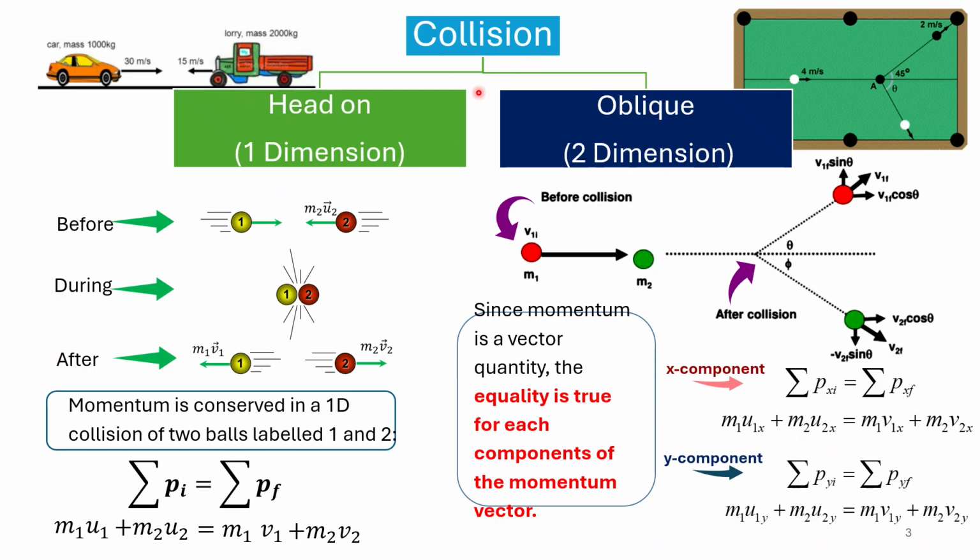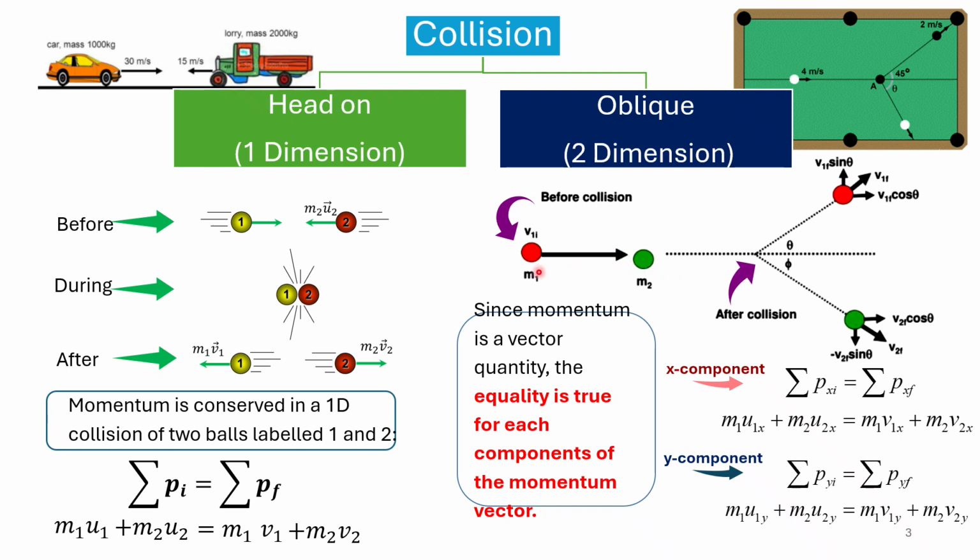In collision, we have one-dimension collision on the left side, and another collision can be two-dimension, known as oblique. For our syllabus, we only have the right side, two dimension. Two dimension means in calculation we have to consider the x component and y component.